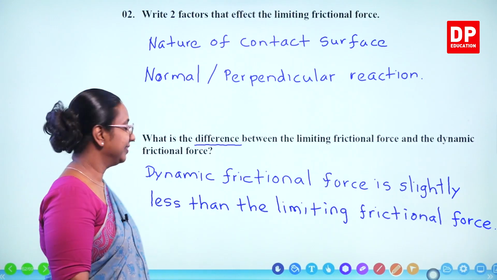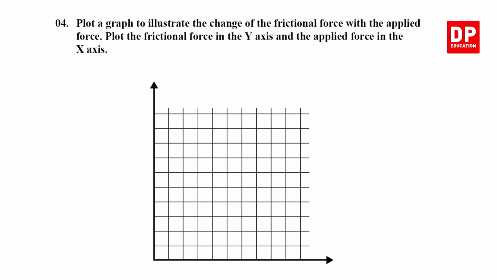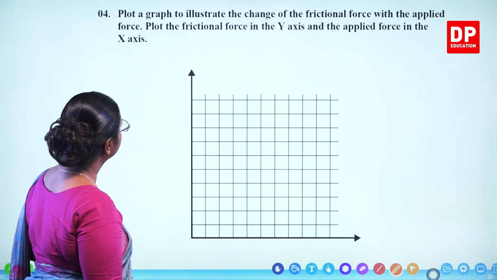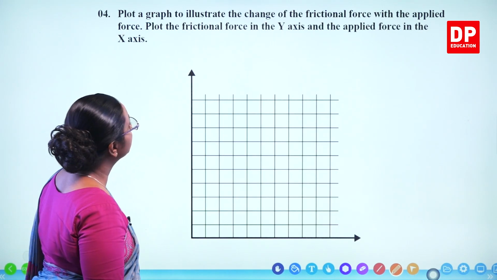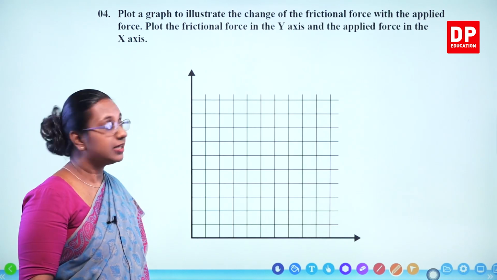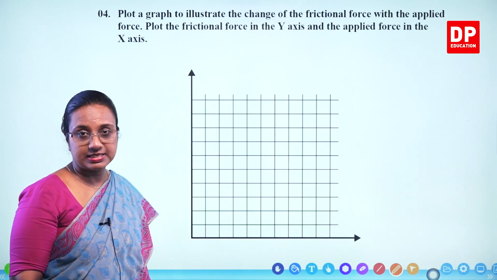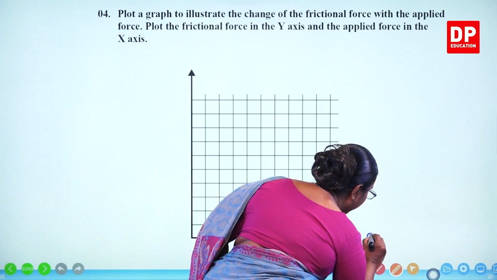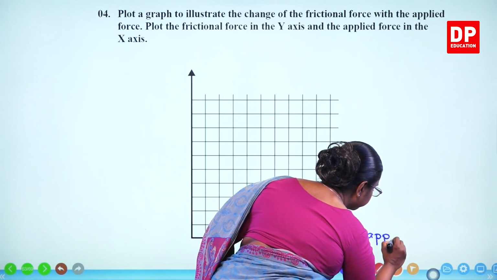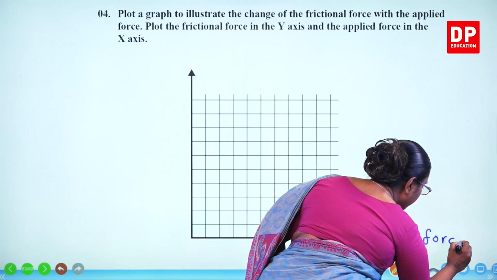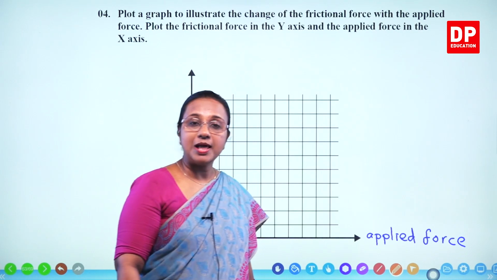Next question. Plot a graph to illustrate the change of the frictional force with the applied force. Plot the frictional force in the y-axis and the applied force in the x-axis. So, x-axis has to be applied force. What is the unit for applied force?